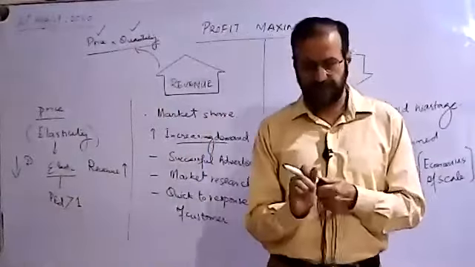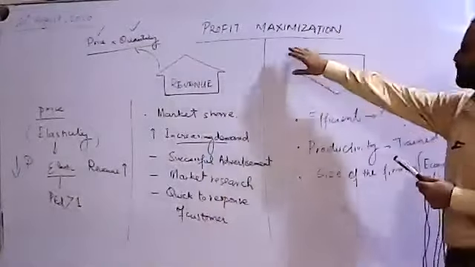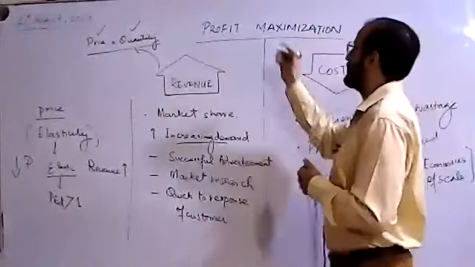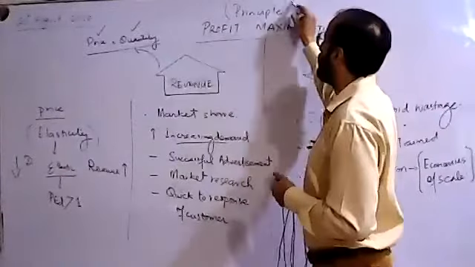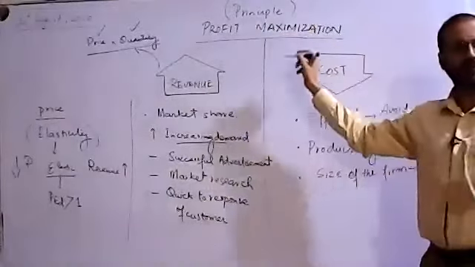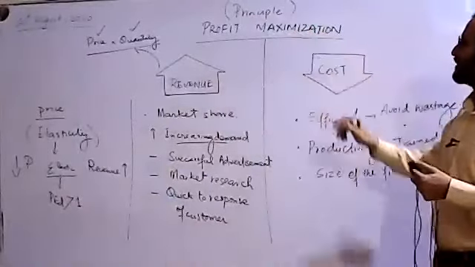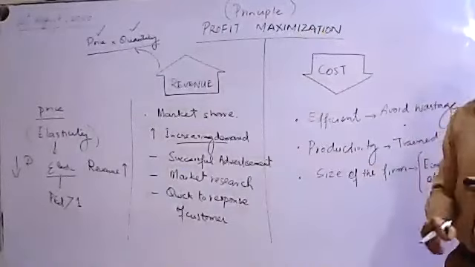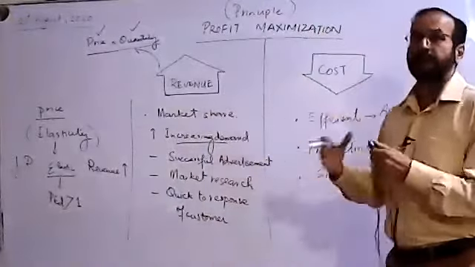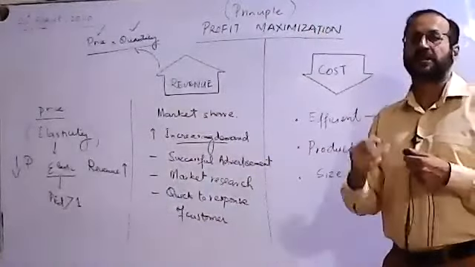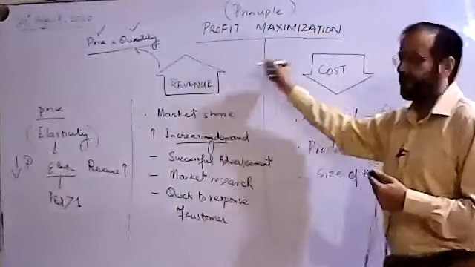Okay, so summing up today's lesson with profit maximization, we learned that it is also known as the principle, rule or law of profit maximization. What is the principle of profit maximization? The answer should be that revenue and cost are compared to find out what the profit is and how it can be maximized by increasing the revenue and decreasing the cost.